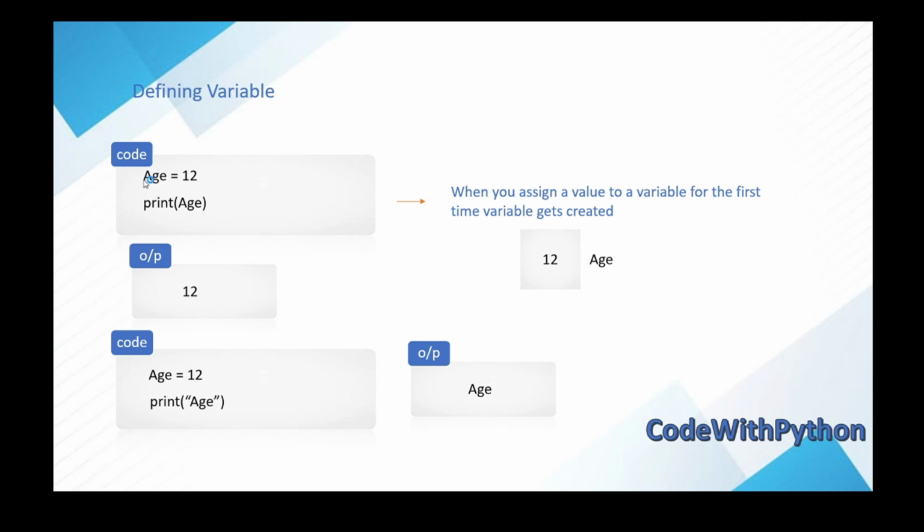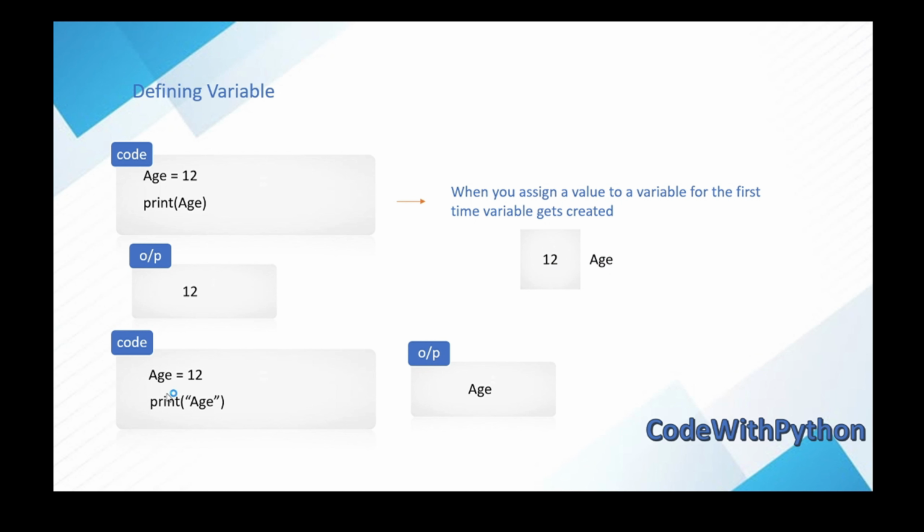First we have taken age is equal to 12, and age is nothing but a variable. Whenever we assign a value to a variable for the first time, that time the variable gets created. Here it is the box, and this age is created with the value 12.